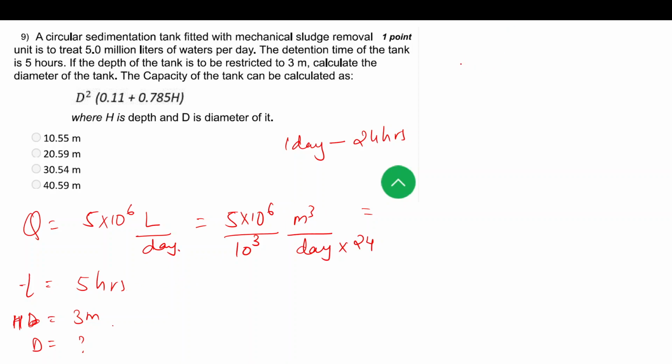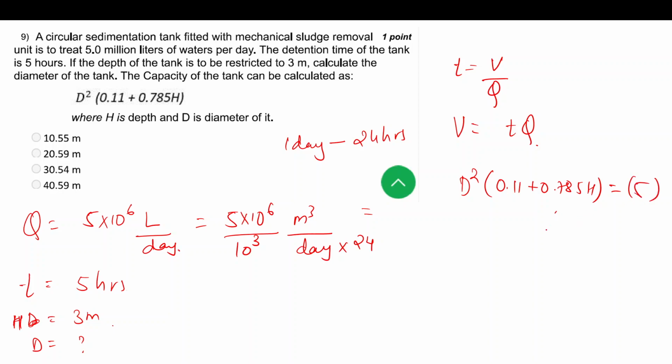Now if you substitute, T equals V by Q, so volume is nothing but T into Q. The volume or capacity of the tank is given by the formula d square times 0.11 plus 0.785 h, which equals T, 5 hours, into Q, 5 into 10 to the power 6 divided by 10 cube by 24.